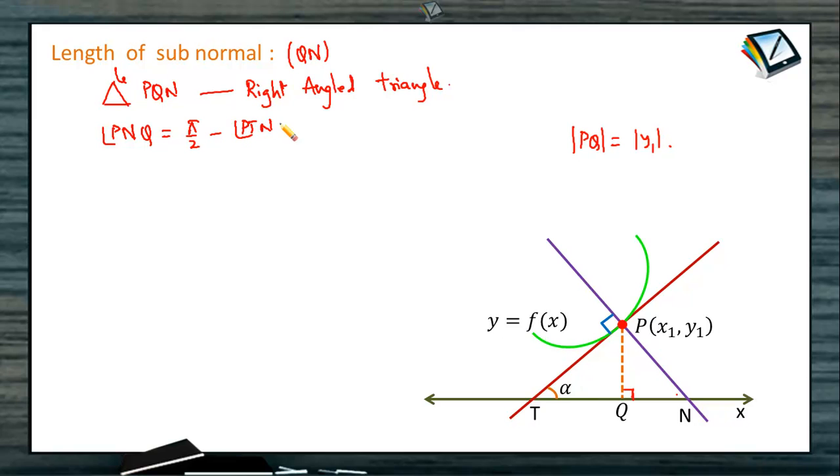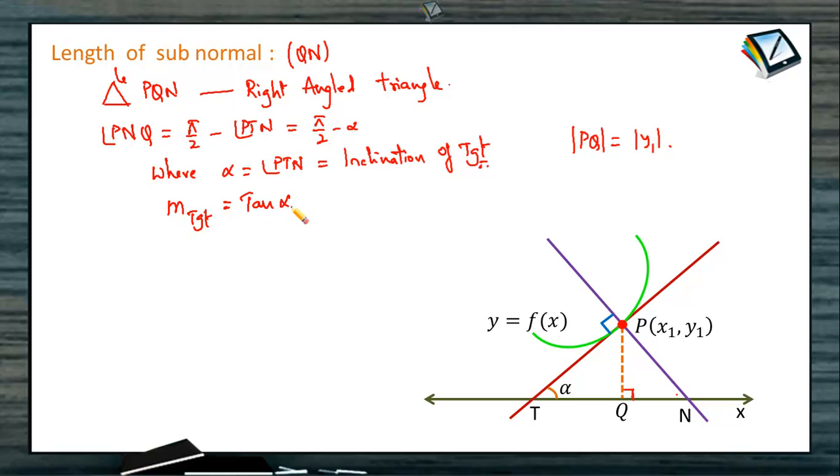So this is nothing but pi by 2 minus alpha, wherein alpha is the angle PTN, which is the inclination of the tangent. If alpha is the inclination of the tangent, then we know that the slope of the tangent is tan alpha by definition, and with the help of calculus this is dy by dx at the point P, right? We'll be using this result in the calculation of the length Qn.